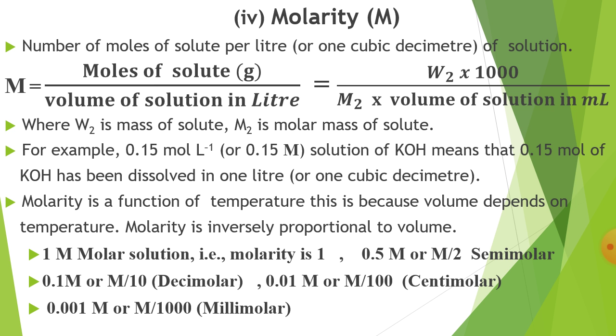Next, molarity is a function of temperature. This is because volume depends on temperature. Here the molarity is inversely proportional to volume. That's why on increasing the temperature, molarity decreases.